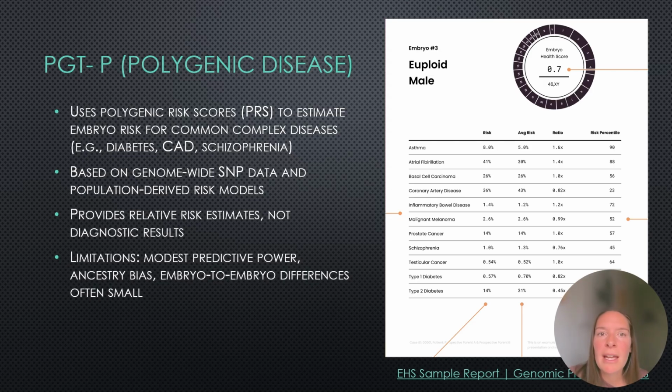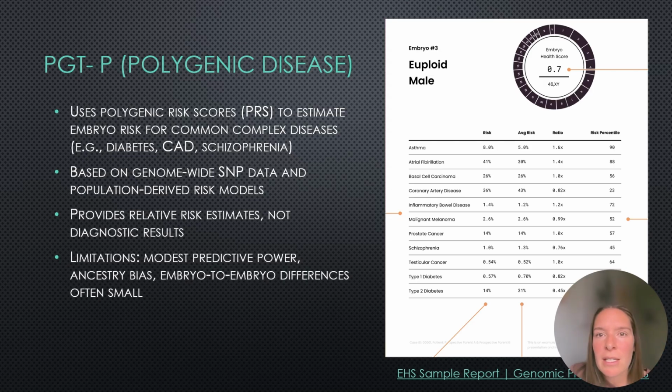So no one can say an embryo will or will not develop a specific condition, just that based on their data, the statistical risk might be slightly lower or higher than the general population or than other embryos. Now, if you look at the sample report, which I pulled from LifeView, their embryo health score, you'll see exactly how these results are presented.